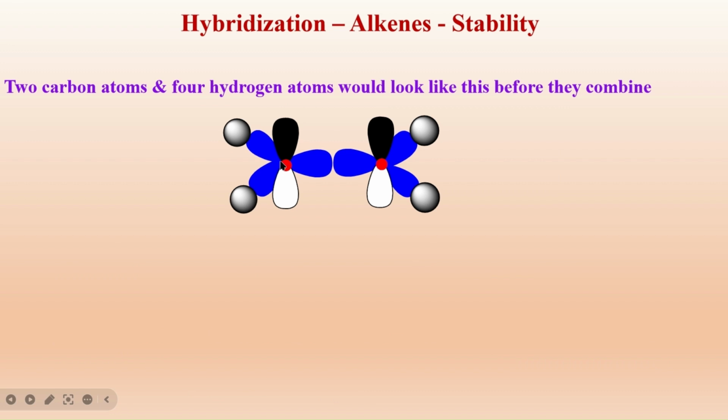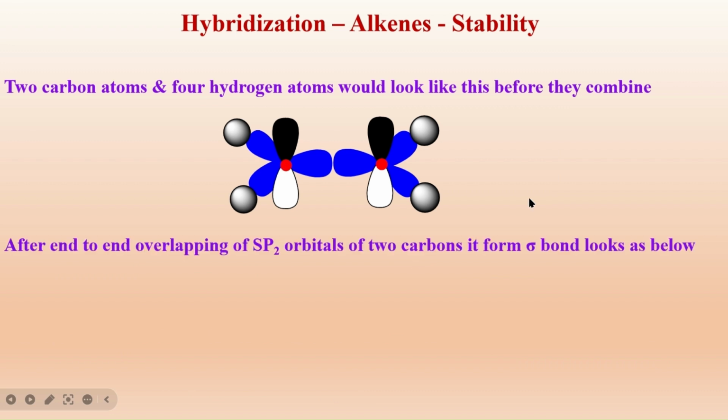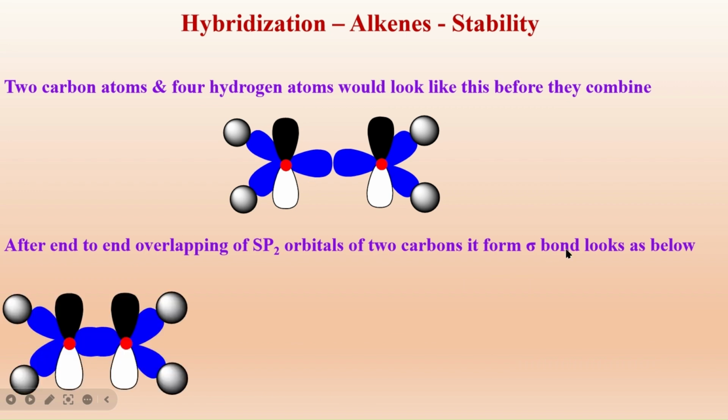This is the central node which represents the carbon. This sp2 hybrid orbital of the carbon combines with the sp2 hybrid orbital of the other carbon by end-to-end overlap. This end-to-end overlap of the sp2 hybrid orbitals of the two carbons forms the sigma bond. When it forms the sigma bond, it looks like this.